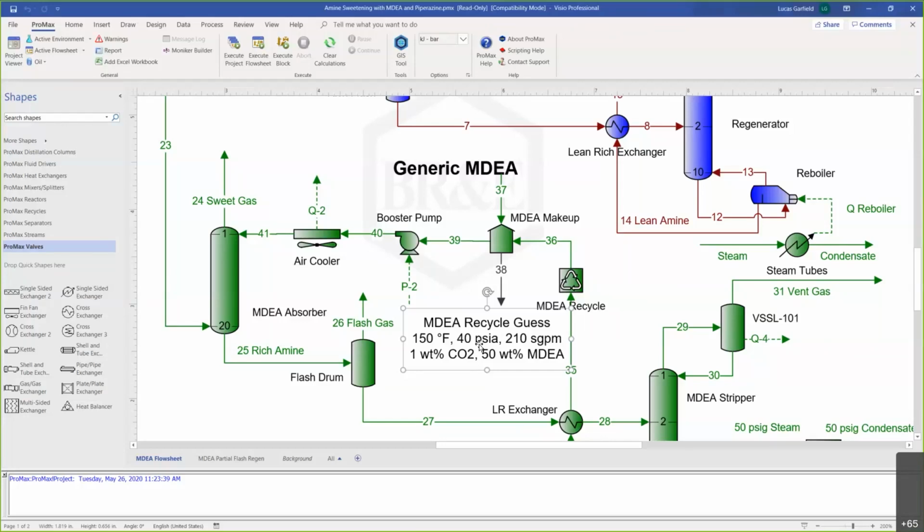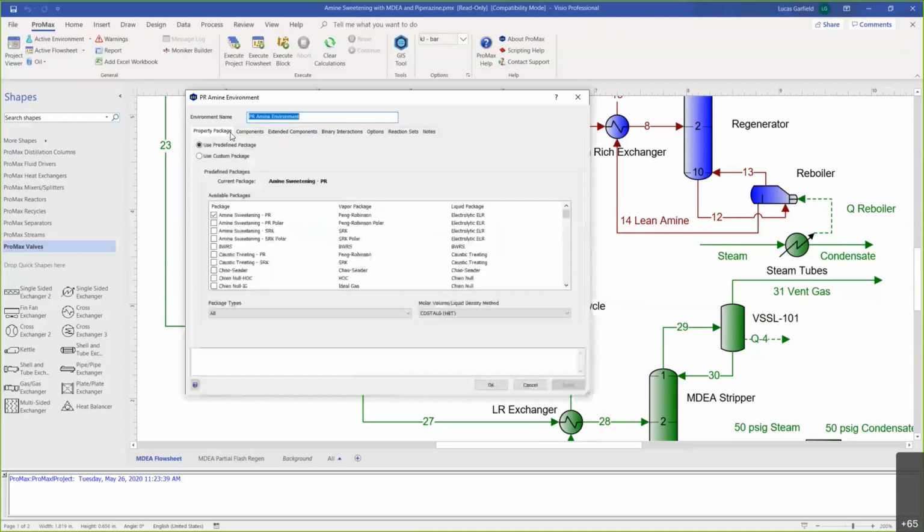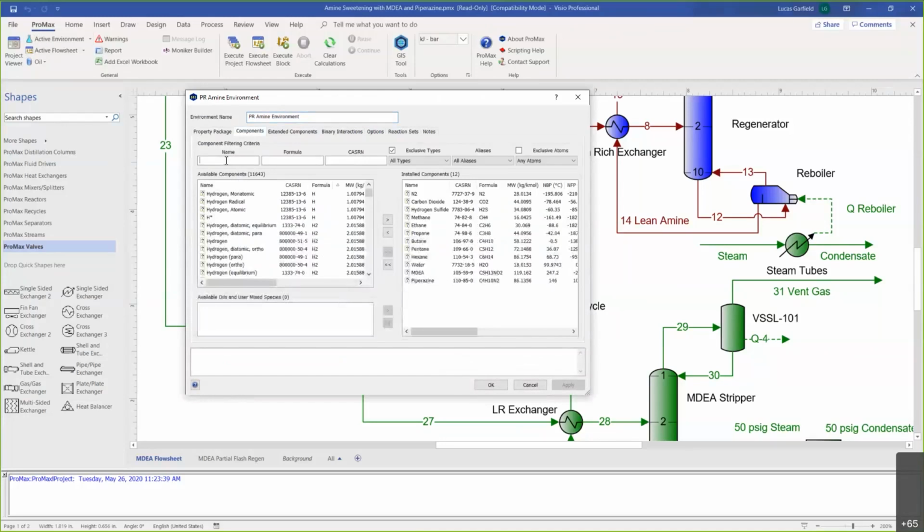licensor has. And in fact, new to ProMax 5.0, we've got a concept called the mixed species. And now we're actually able to include some of these licensed solvents in ProMax. If I open up the active environment, I'll show you that, for instance, if I go to components, some of the first licensed solvents that we added to ProMax were the Huntsman JEFFTREAT line of solvents.